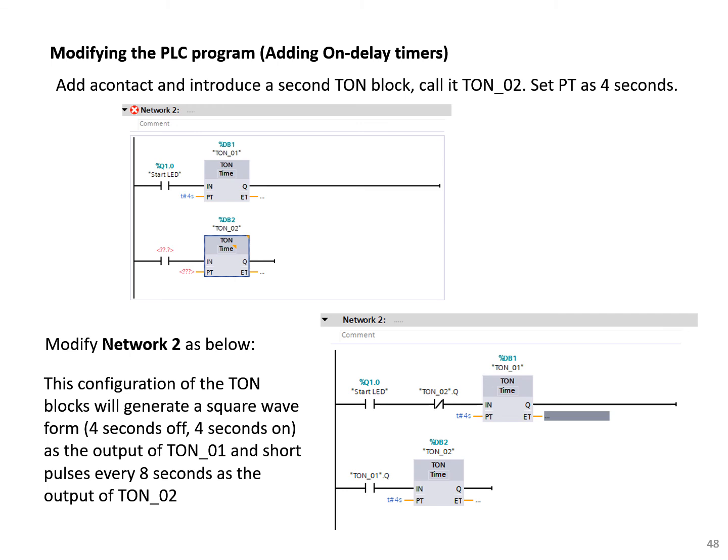Add a contact and introduce a second TON block, call it TON2, set PT as 4 seconds. So still we are in network 2. After this rung, you need to create this rung, contact, a timer, and now we need to modify it, and this configuration of TON blocks will generate square wave form 4 seconds off, 4 seconds on.